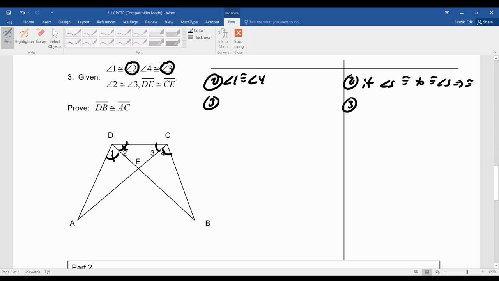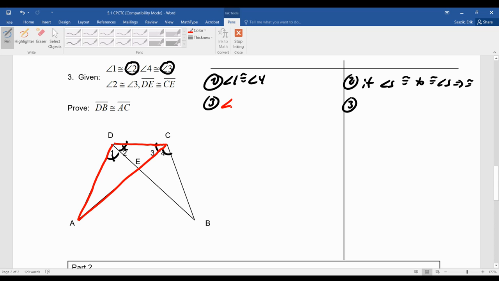So this whole angle, we can get this whole angle congruent to this whole angle by addition, right? And there's different ways of doing this, but I think we can do this by proving these overlapping triangles.